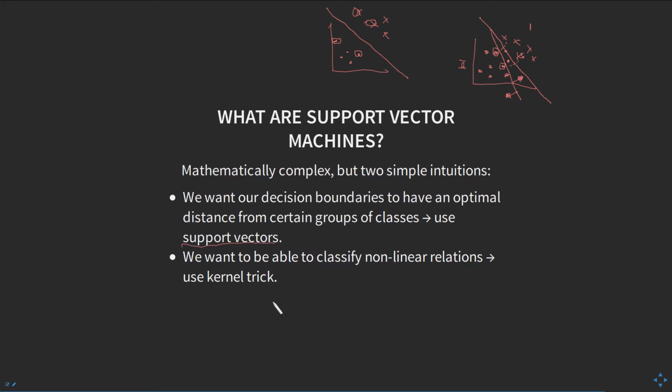And then another thing we want to do is we want to tackle nonlinear relations. Now, given that we only use this feature space and we have a decision boundary, it's not very trivial to do this nonlinear relationship classification. So consider, for example, a space like this. This is problematic, right?